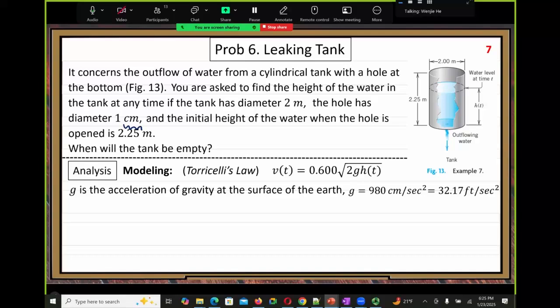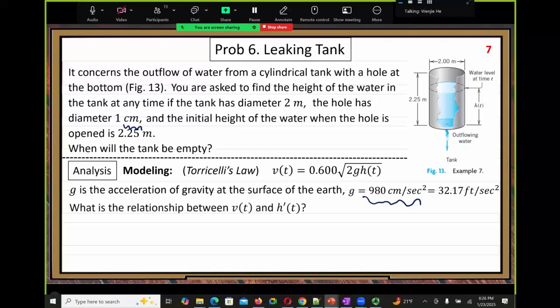Second, 32.17 feet per second squared. Two sets of units, but for this particular question we want to use the first version, because we have meters and centimeters, so the first one is more friendly. We do not need to convert meters to feet.